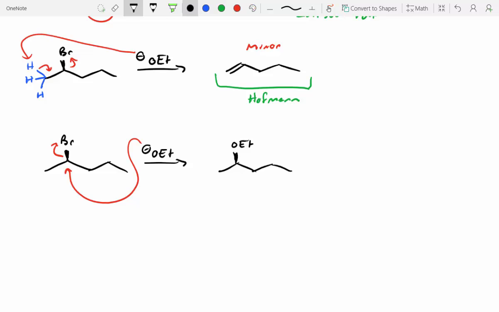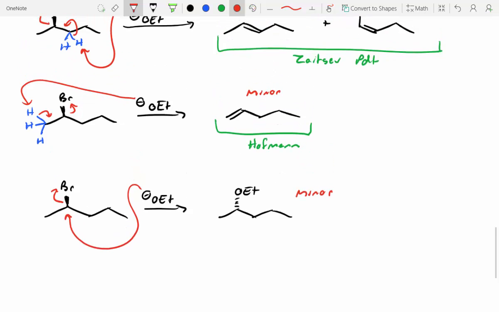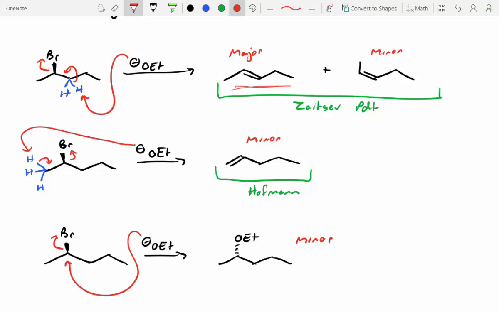Inversion. A lot of people are still forgetting to do inversions with SN2 chemistry. Because it's SN2, we need to indicate that the stereocenter's changed by changing it to a dash. So in this case, this would also be our minor SN2 product. So the largest component we would get out of this reaction would definitely be this guy up here, our major Zaitsev product. Does that make sense?